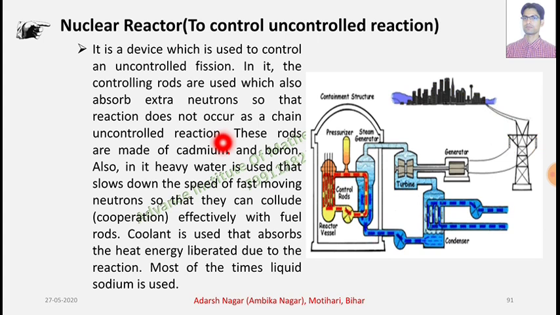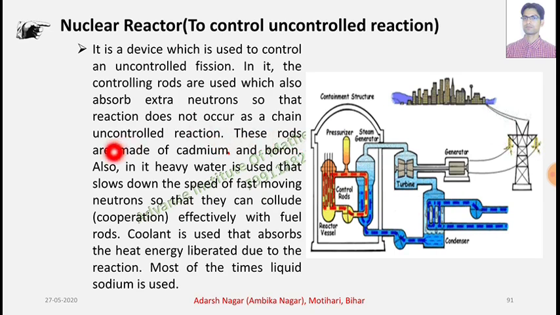So in this plant, some rods are used to absorb these 2 extra neutrons, so that the uncontrolled reaction will be controlled.